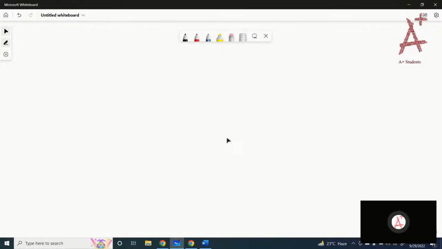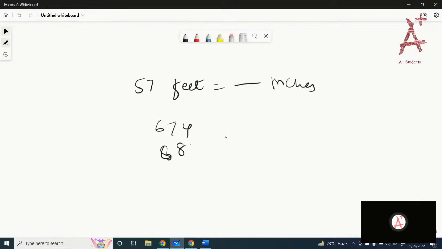Okay, the first one is 57 feet equals how many inches? That's the one we just did on the board. So the correct option is 674 or 684. So which one is the correct one? First one or the second one?